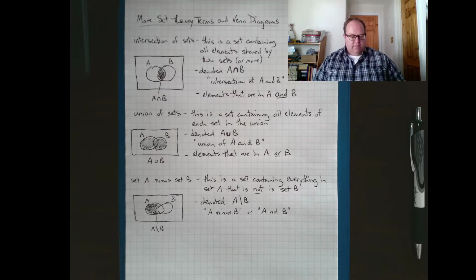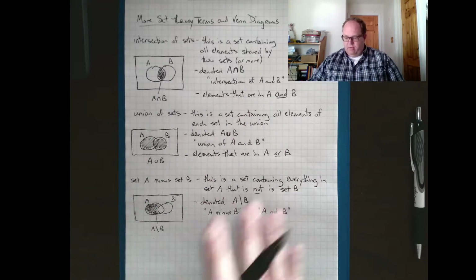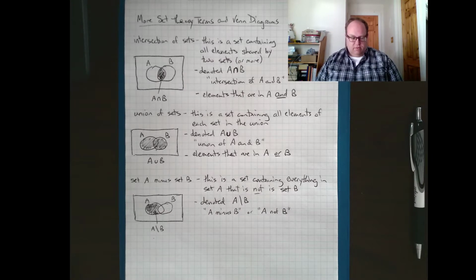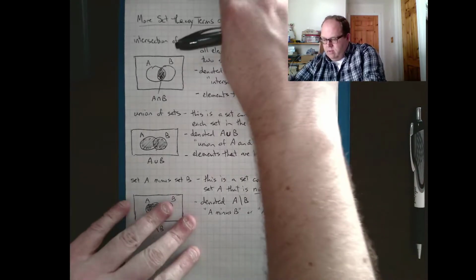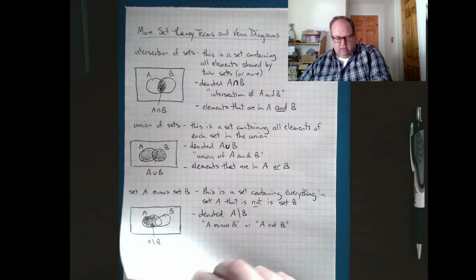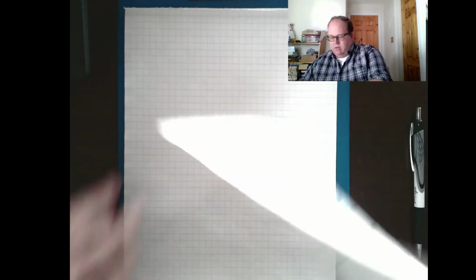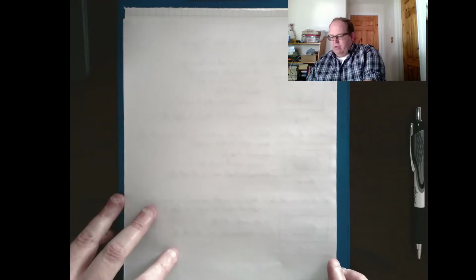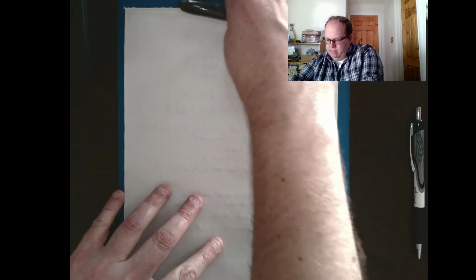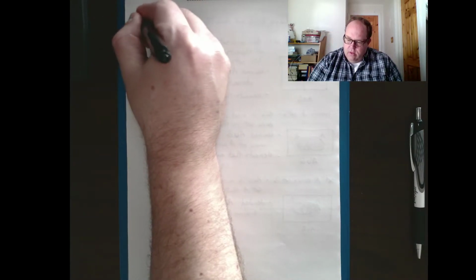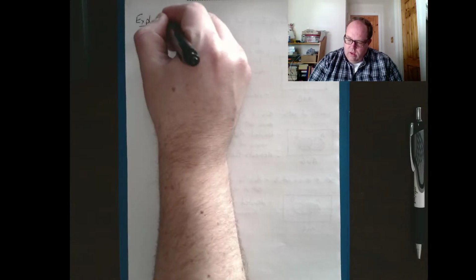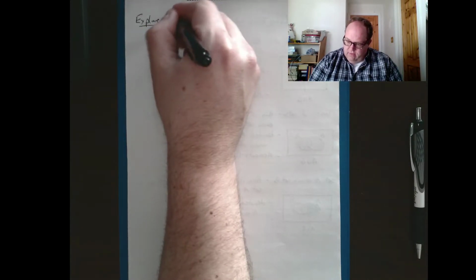Okay, I'm going to step through an exploration from the textbook dealing with some of these terms that we've just gone over here. So this is the exploration on page 159.